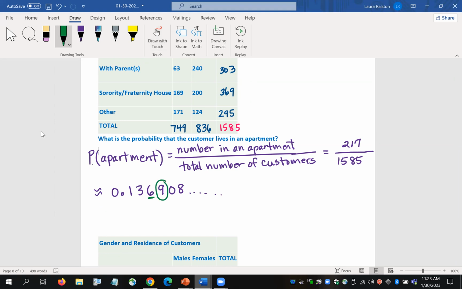Next door is a 9. 9 is bigger than 5, so it's going to bump it up. So this would become 0.137, or as a percentage, 13.7%, multiplied by 100. So we can determine that 13.7% of the customers live in an apartment.